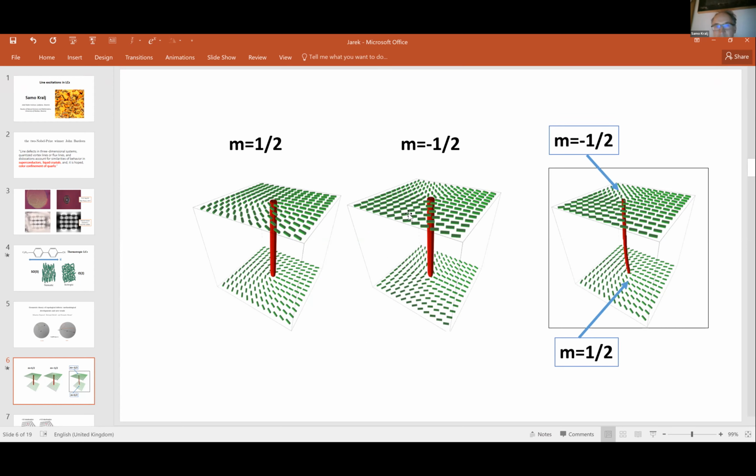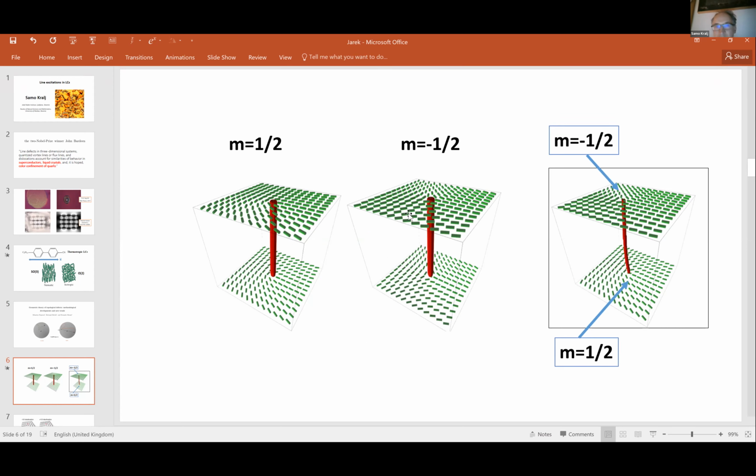But you can also have in liquid crystals a region where you switch from 1/2 to -1/2 in 3 dimensions. If it's in 2 dimensions, this winding number plays the role of topological charge.